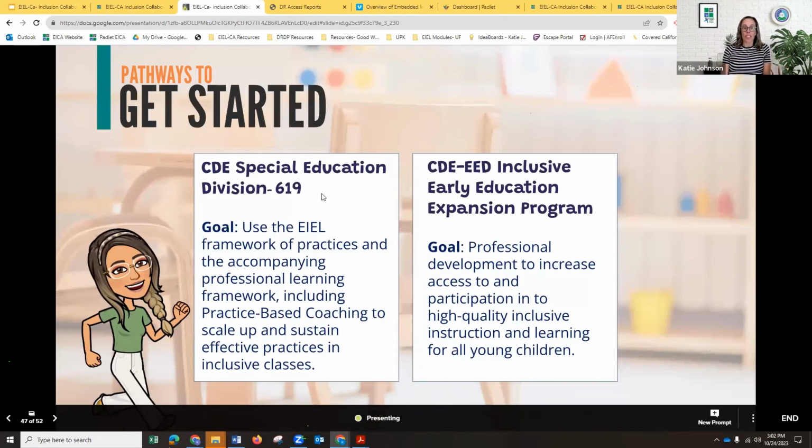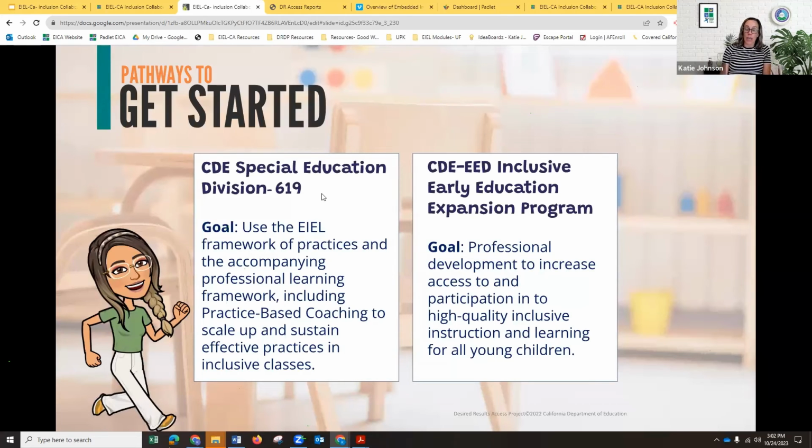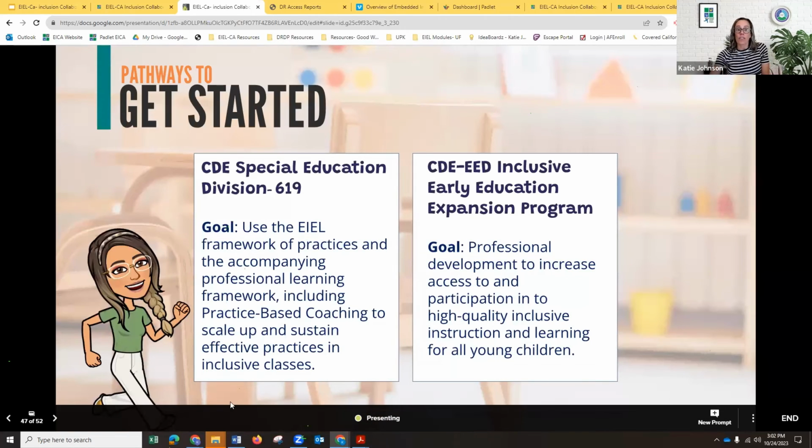We have our Special Education Division grant, which is 619, which can help districts to fund a coach and coaching support so that your teachers and yourself can get trained on practice-based coaching and the use of effective practices, specifically around embedded instruction. There's also the CDE Inclusive Early Education Expansion Program, which many people call the EAP or IEEEP grant.